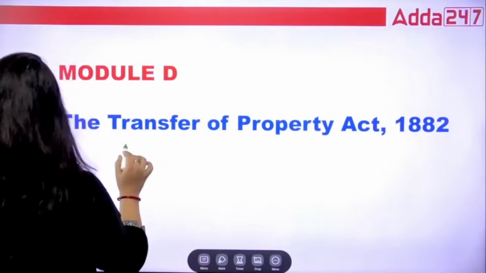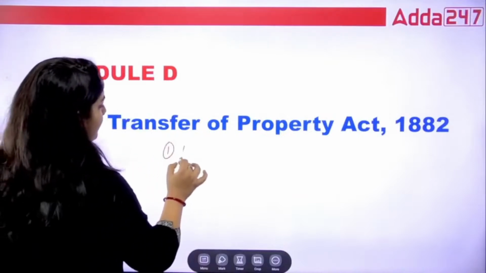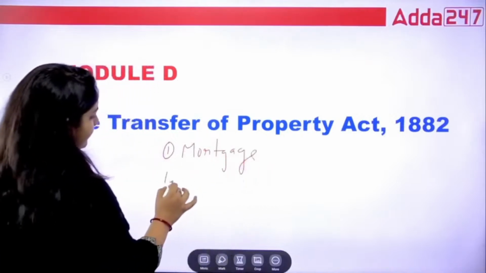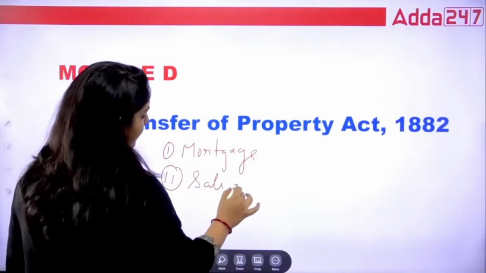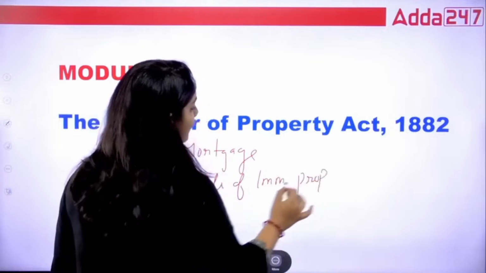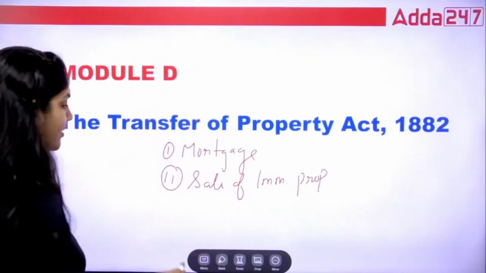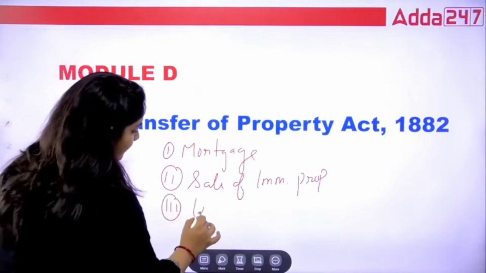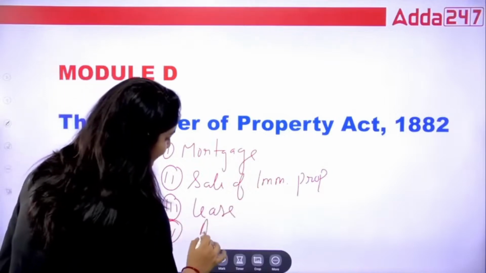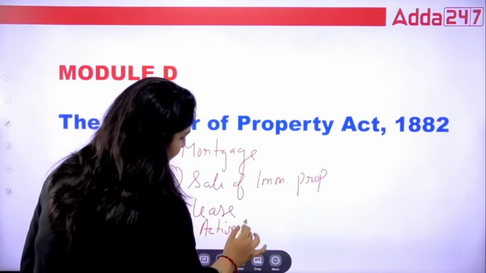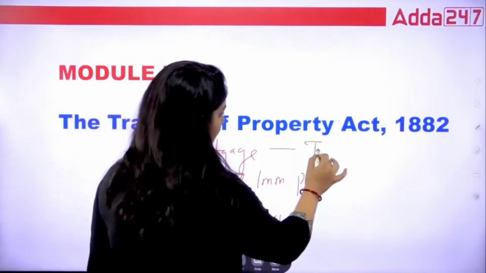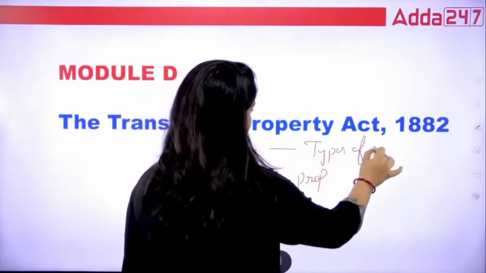The first is mortgage, the second is sale of immovable property, the third is lease, and the fourth is actionable claim. In mortgage we also have to focus on the types of mortgage.